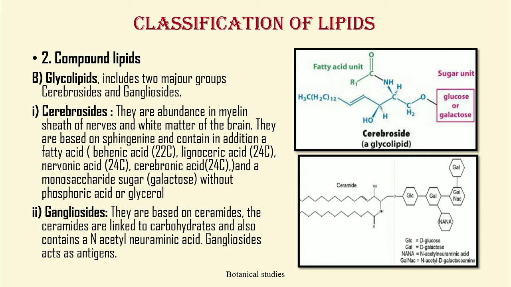They are based on sphingosine and contain, in addition, a fatty acid like behenic acid, lignoceric acid, nervonic acid, or cerebronic acid, and a monosaccharide sugar, galactose, without phosphoric acid or glycerol. Gangliosides are based on ceramides. The ceramides are linked to carbohydrates and also contain N-acetylneuraminic acid. Gangliosides act as antigens.